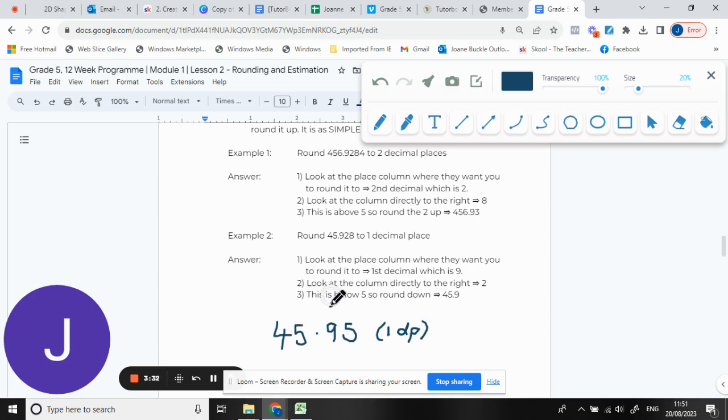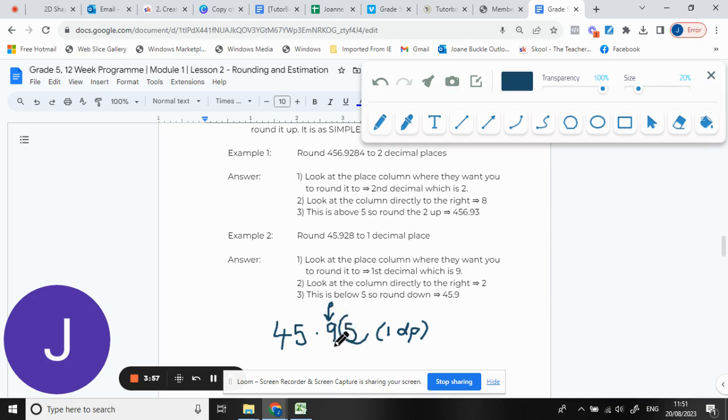So to 1 decimal place, that means that's the number that we're going to be looking at. And we consider the number to the right of it, okay? So it's 5 or more. We need to round up the number before, don't we? So it's currently a 9 though. How do we round that up? It should be a 10. The number after 9 is a 10, but we can't write 45.10, okay, because that would be less than the number 45.9.